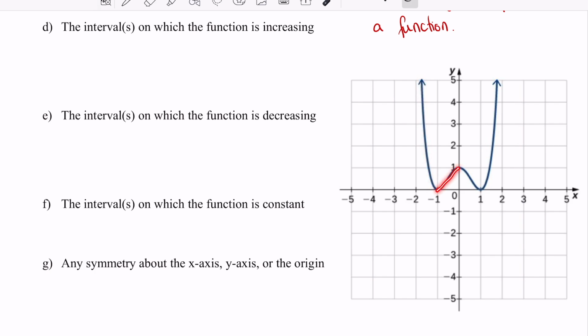From here to here, it's going up. From here to here, it's going down again. And from here to here, it goes up again. That gives us 4 intervals: from negative infinity to negative 1, from negative 1 to 0, from 0 to 1, and from 1 to infinity.